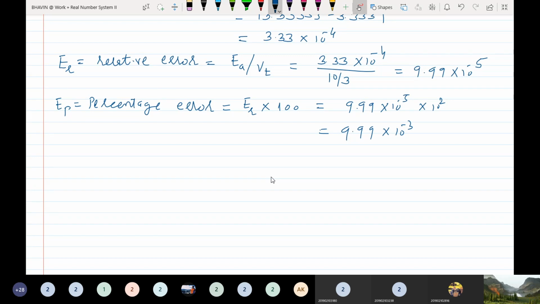Find the relative error of x minus y. Now they are asking for x minus y.